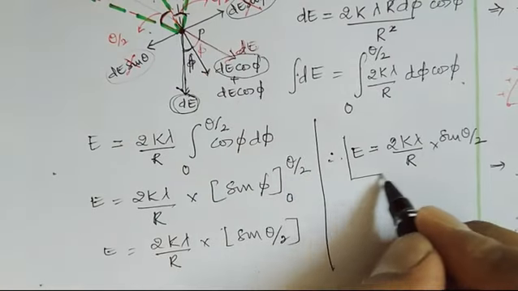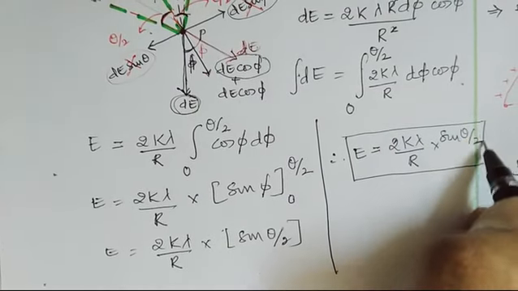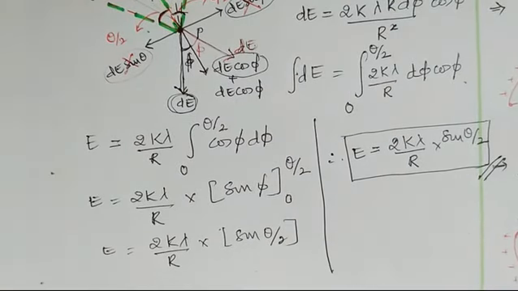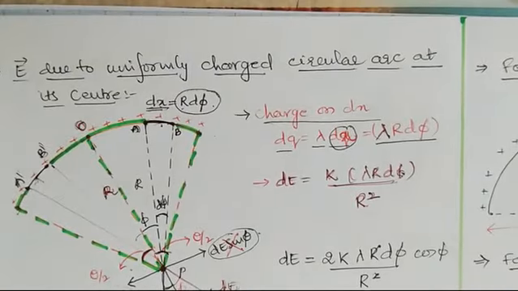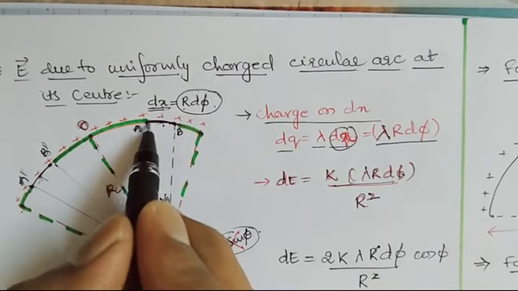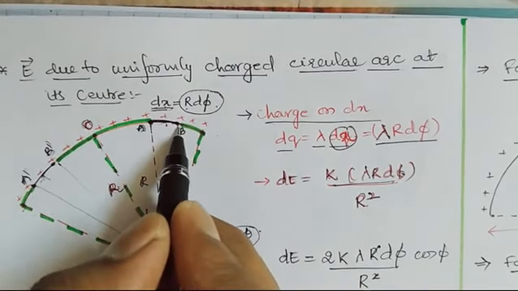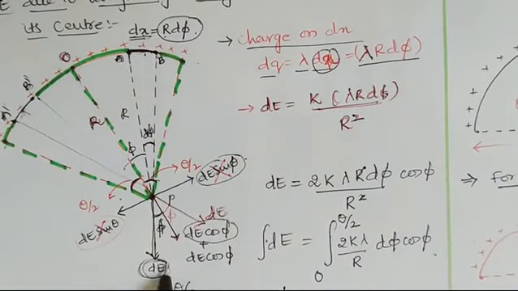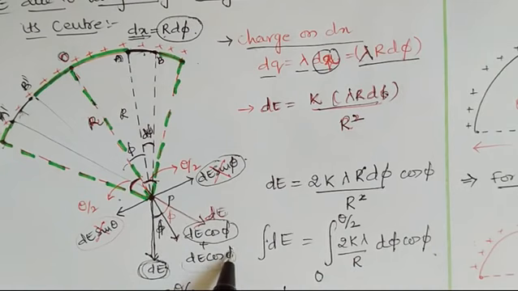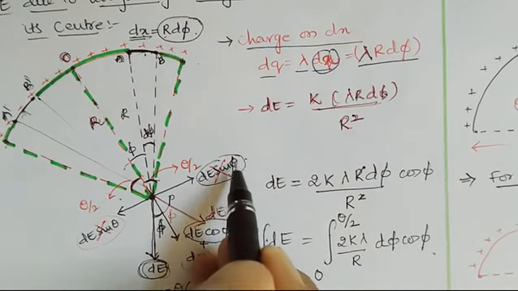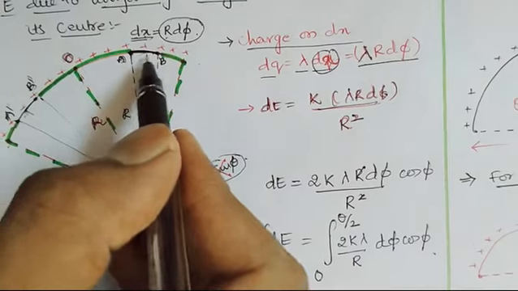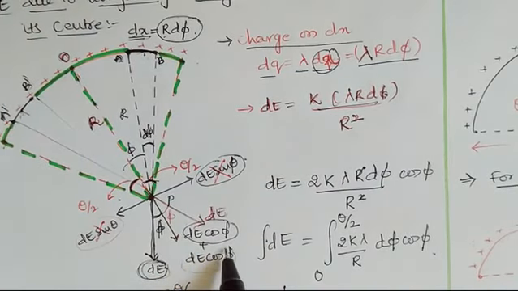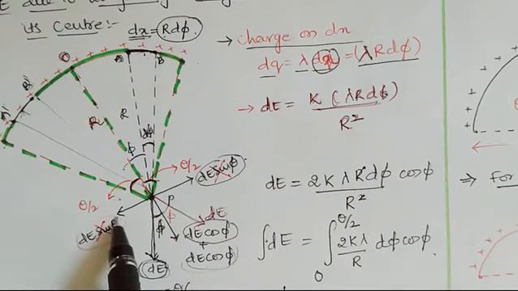So this is the expression for electric field due to arc. You have to remember this one. Again, for this one I have considered an arc in which I first considered a small portion AB. Due to this AB, the electric field is dE, and it will have two components, dE cos phi and dE sin phi. Similarly, I will consider exactly opposite A dash B dash, which will also have two components, dE cos phi and dE sin phi.